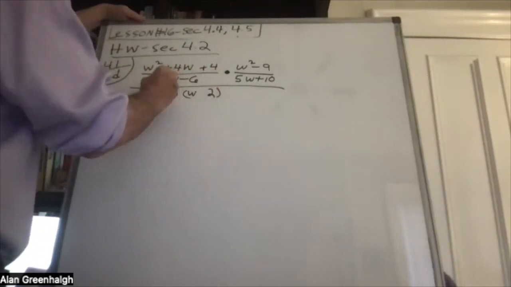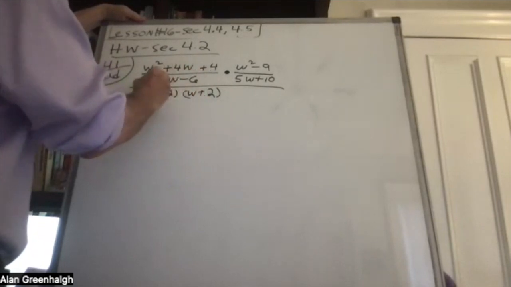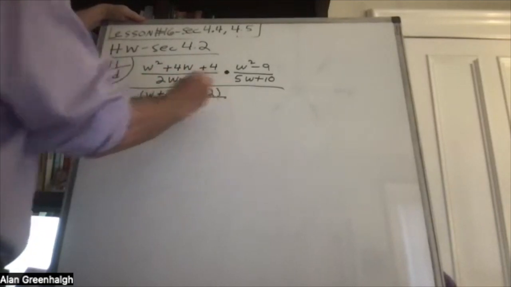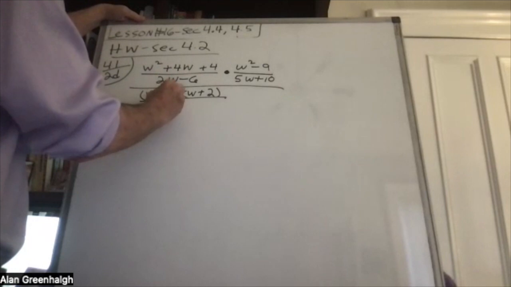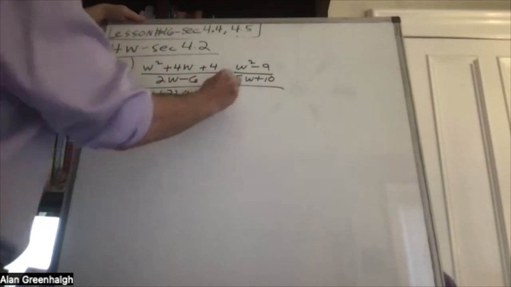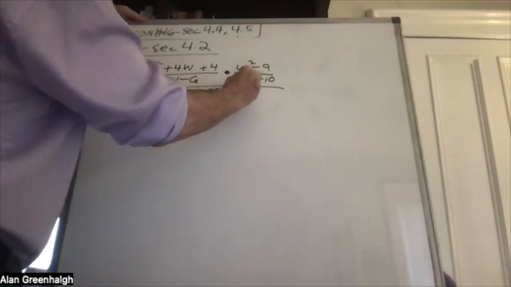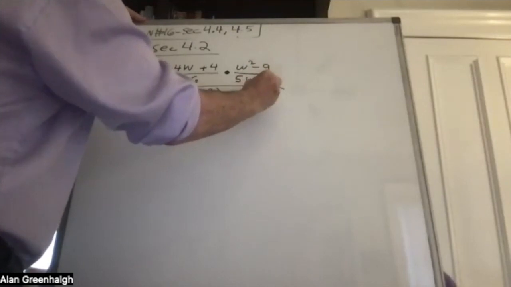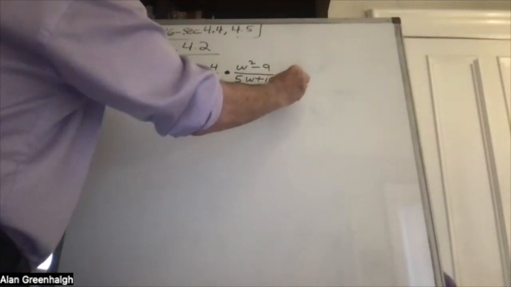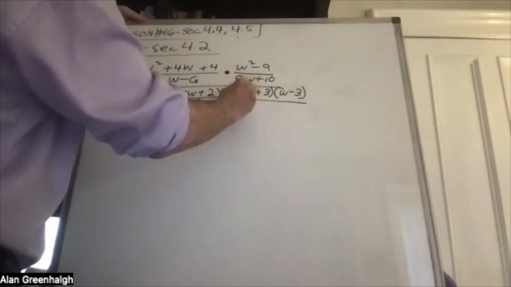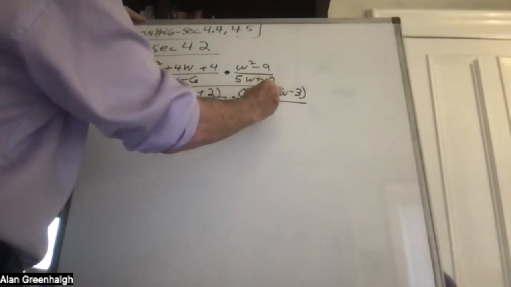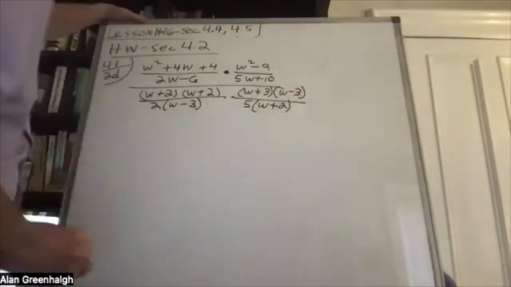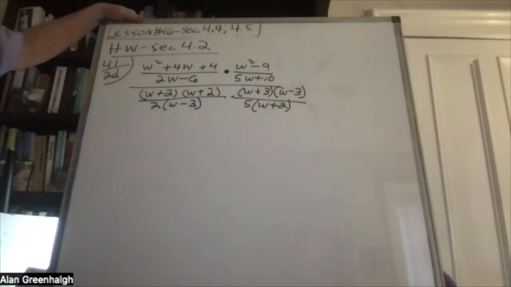So 2 and 2 and positive, and then 2 times W minus 3 times W plus 3 times W minus 3, and then 5 times W plus 2. This problem was set up purposely in a way where a lot of things are going to cancel out.